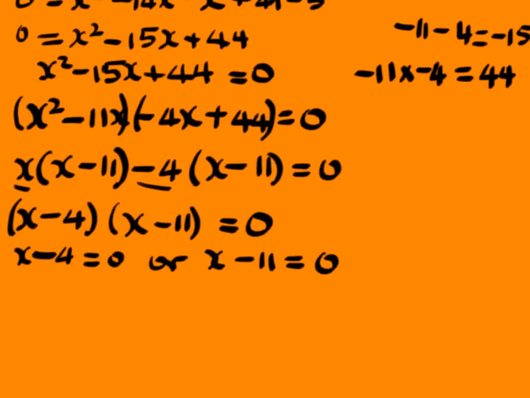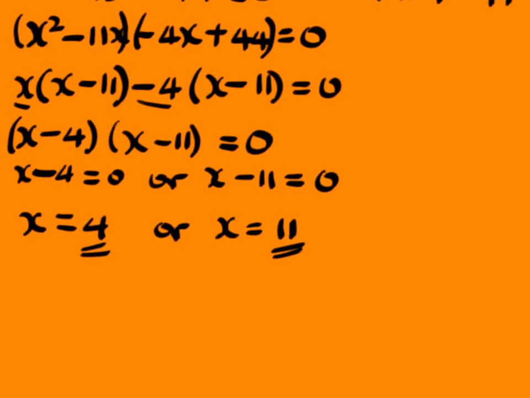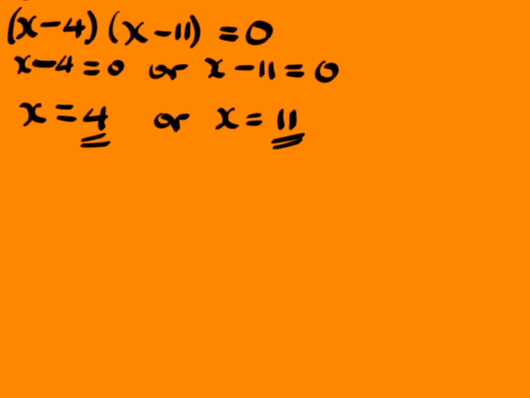So x equal to 4 or x equal to 11. We move them over the equation sign, and the minus 4 became positive 4 and the minus 11 became positive 11. This would be our answer, but we have to check the validity of our answer.